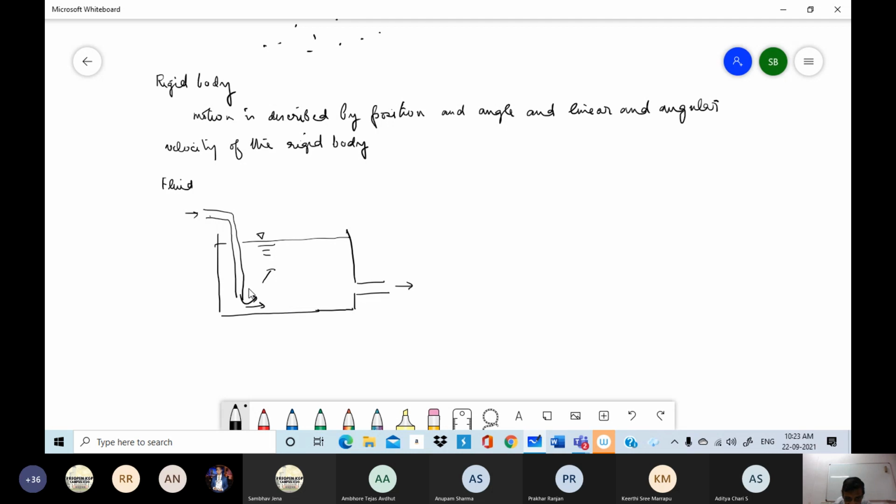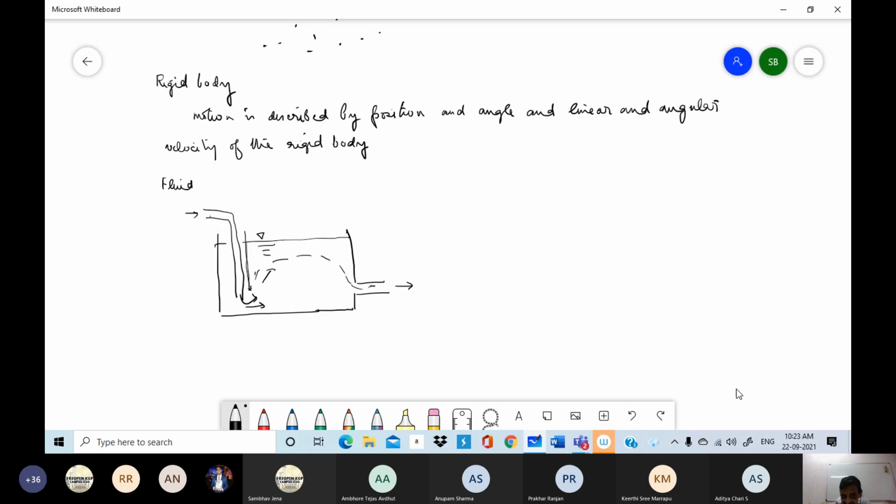So if I use a long tube and inject a small drop of dye in the fluid, I'll see it gradually moving this way and finally going out. If I follow that dye, it will be moving with a certain velocity.